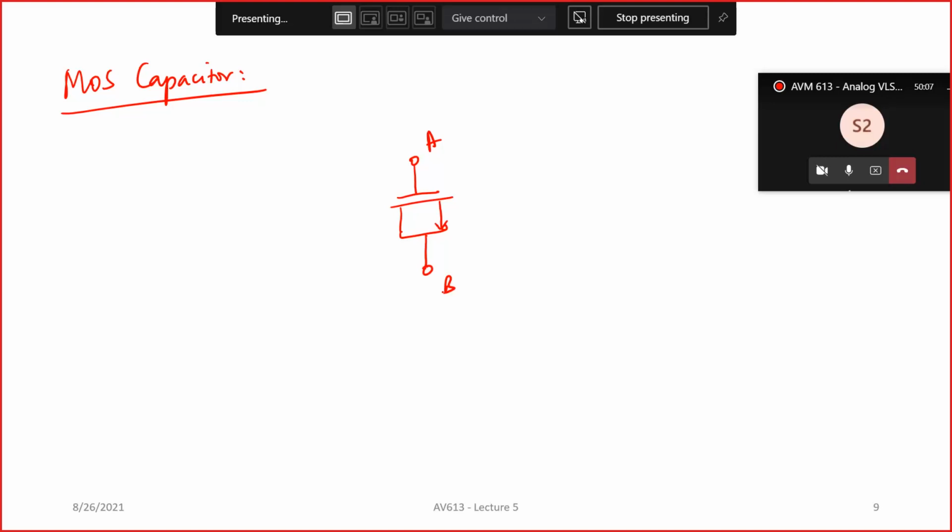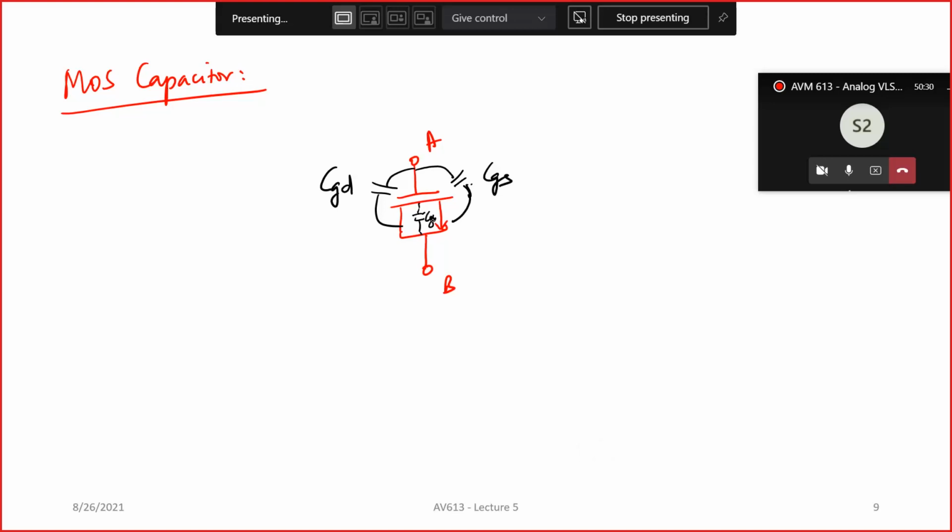So here what happens is, you have the two terminals of the capacitor, and what are the capacitances that are coming into the picture here? We have the CGD and the CGS, right? This is your CGS, this is your CGD, and you'll also have your gate to bulk capacitance, CGB, right?